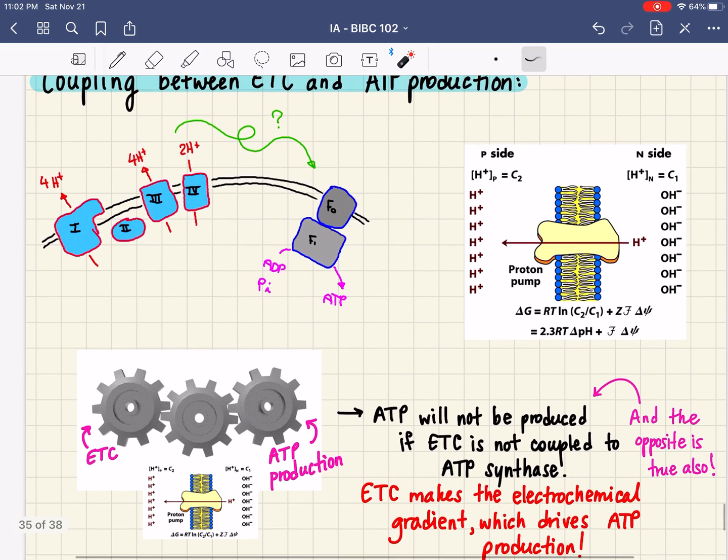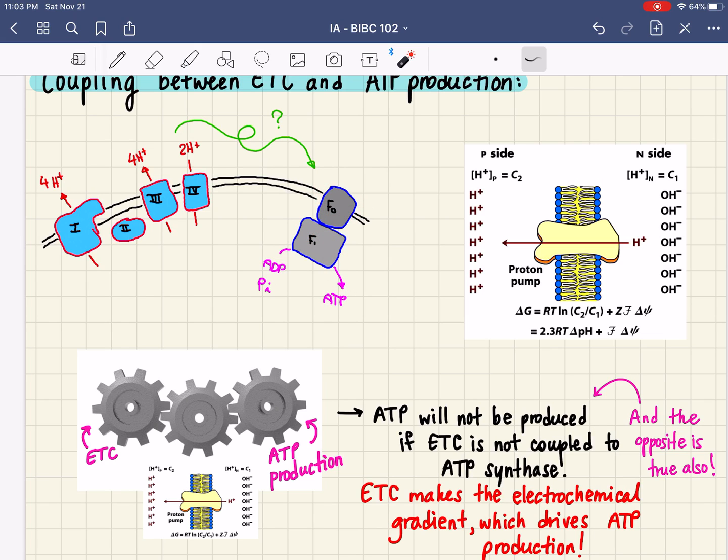So, the ATP synthase is able to work and produce ATP because there is that gradient. So if there's no protons out here that can flow inside and generate that energy to make ATP, ATP will not be made, and ATP synthase will not be active.